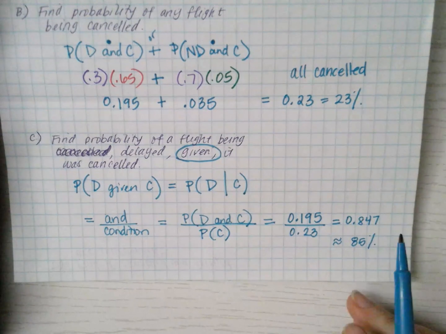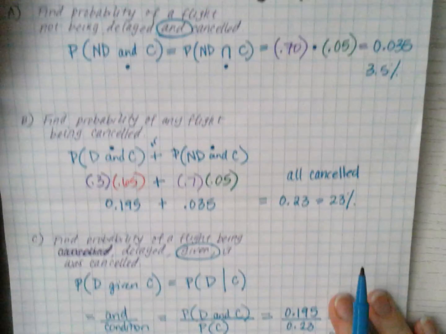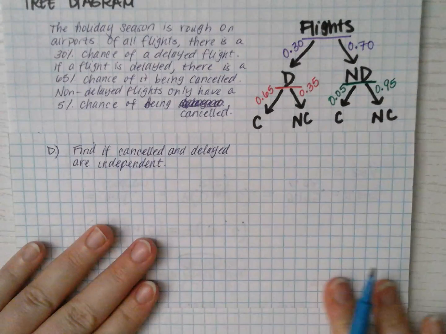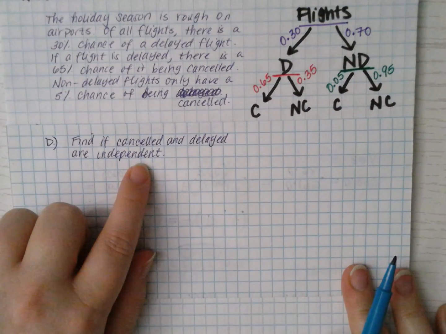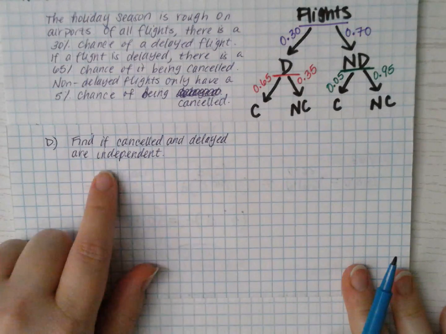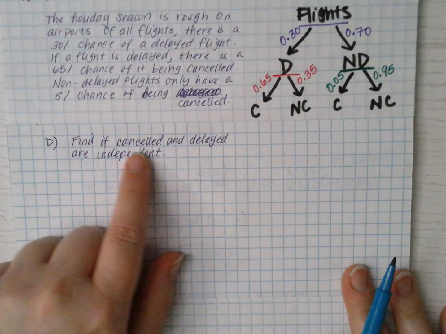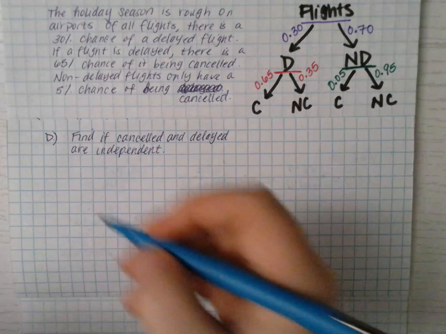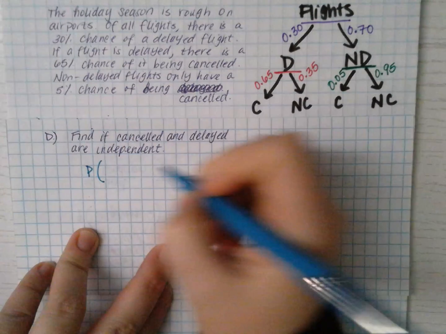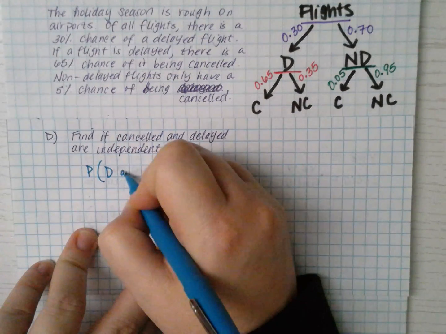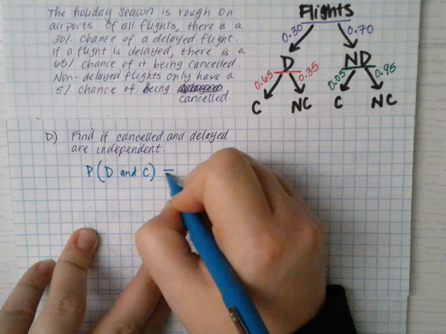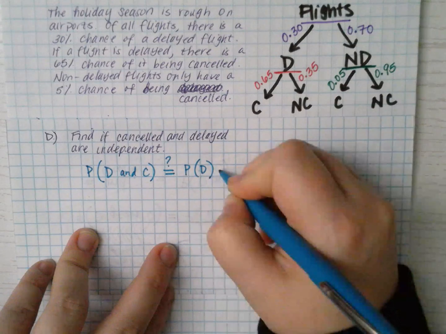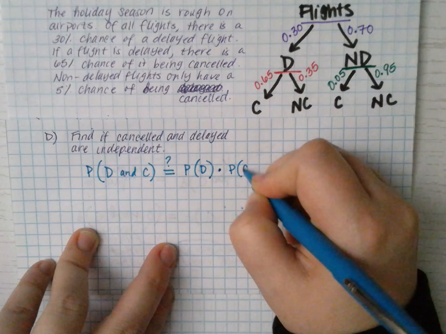The last piece of this is going to be the independence. So let's look at part D. If a flight was canceled and delayed, are those independent? So we're going to look at cancellation and delays and see if they are independent. So what I'm going to do is the concept of independence means that if I do delayed and canceled, it should be equal to, but we're going to double check, the probability of any flight being delayed times the probability of all flights that have been canceled.